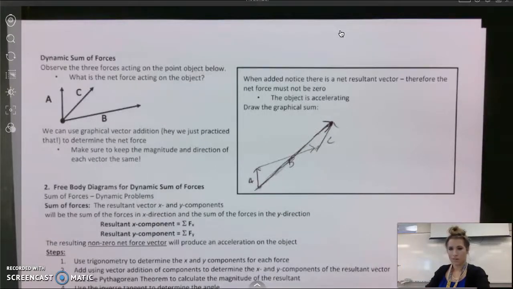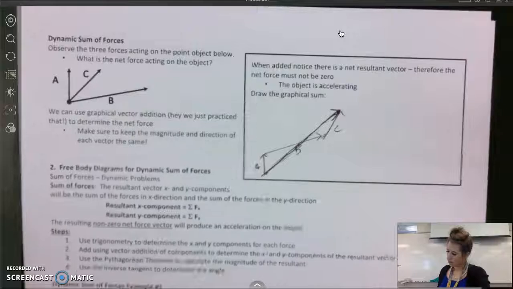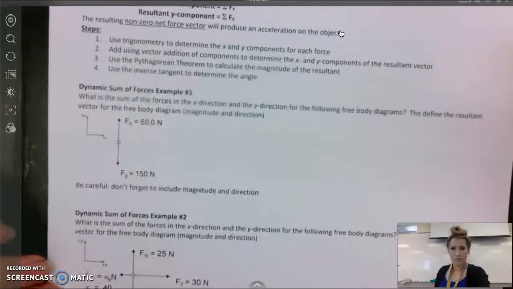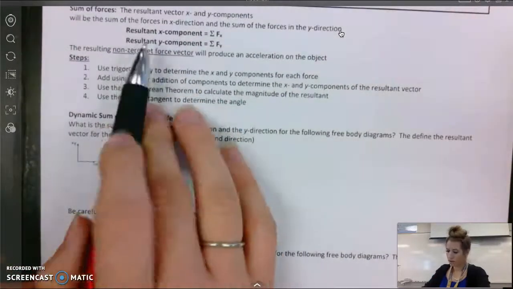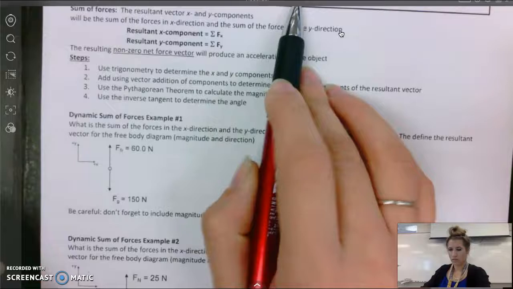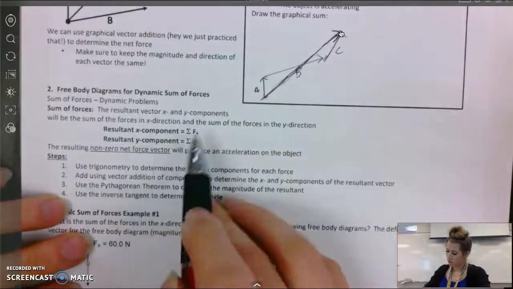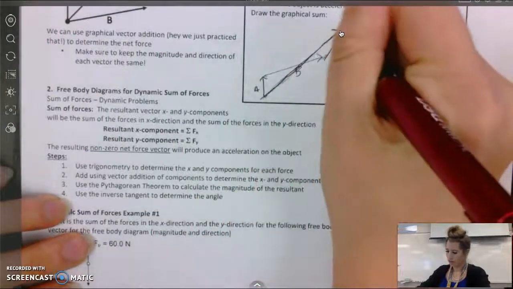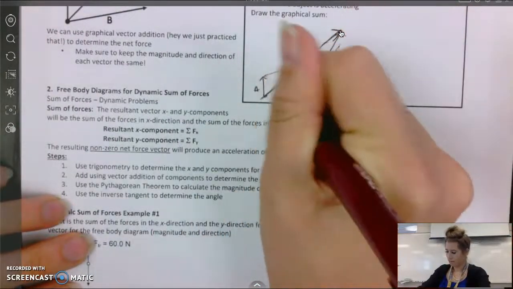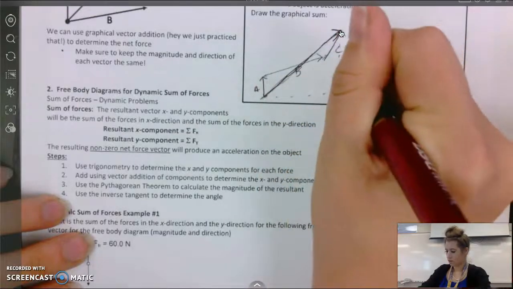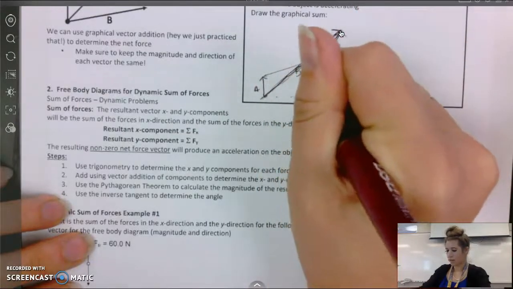So we can graphically do it that way, or we can break it up into x and y components and add all of those up. So that's what we're talking about here. Our overall resultant is going to have an r sub y and an r sub x.